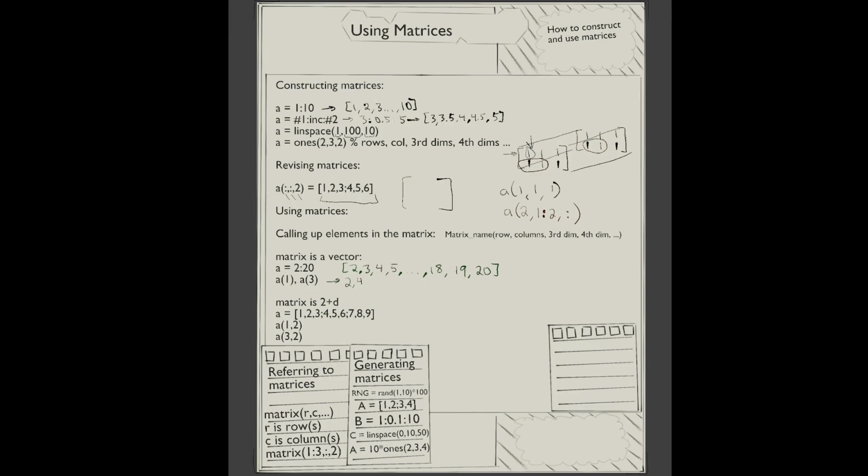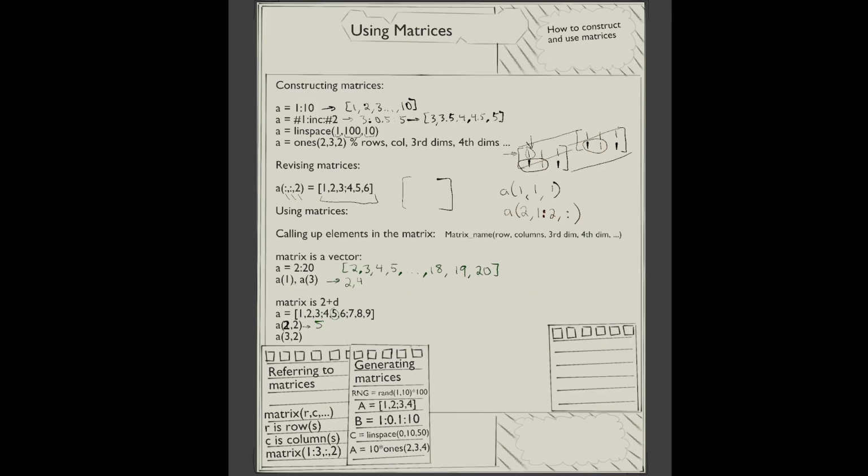It doesn't have any depth like the one up here. So we just look at A at row 1, column 2. Row 1 was the 1, 2, 3, row 2 is the 4, 5, 6, and column 2 would be 5, so this would be 5.